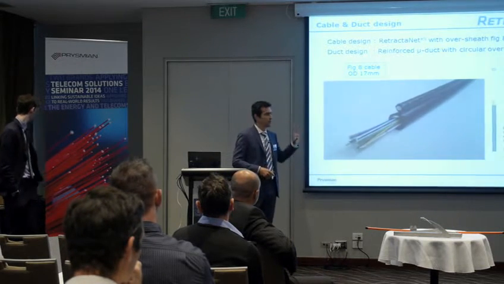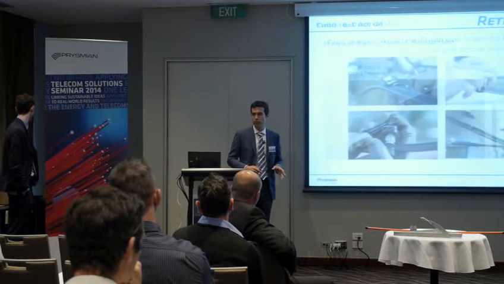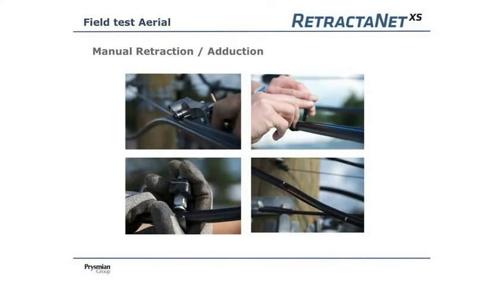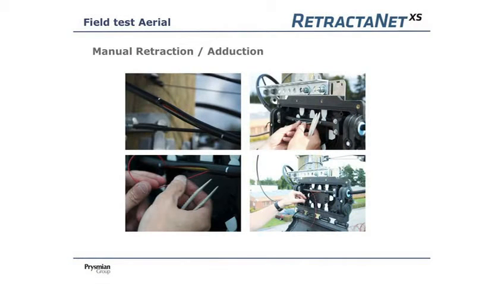So when possible, we like to maintain the standard practice to make the process of a transition quite smooth. So you see, these 4 pictures are nothing but the fact that they are standard practice when you install an aerial cable. The difference is a bit more into the protection, into the closure.